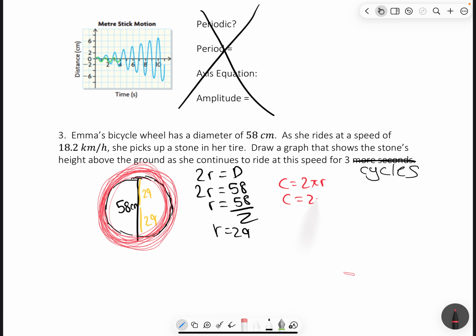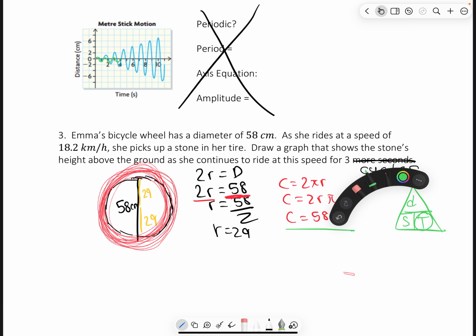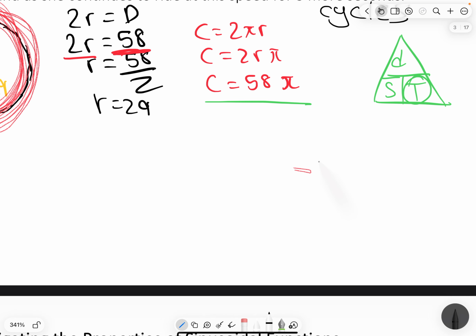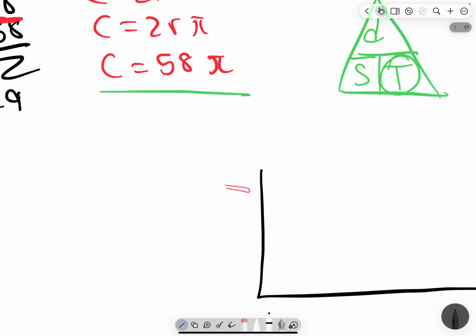Circumference. Now if we drew a table of distance, speed, and time, we know what speed she's traveling at. We know this is the distance she's traveling. We just don't know how much time it's taking her. That's what we need, right? I can draw an incomplete table here for you guys to see what information we have.